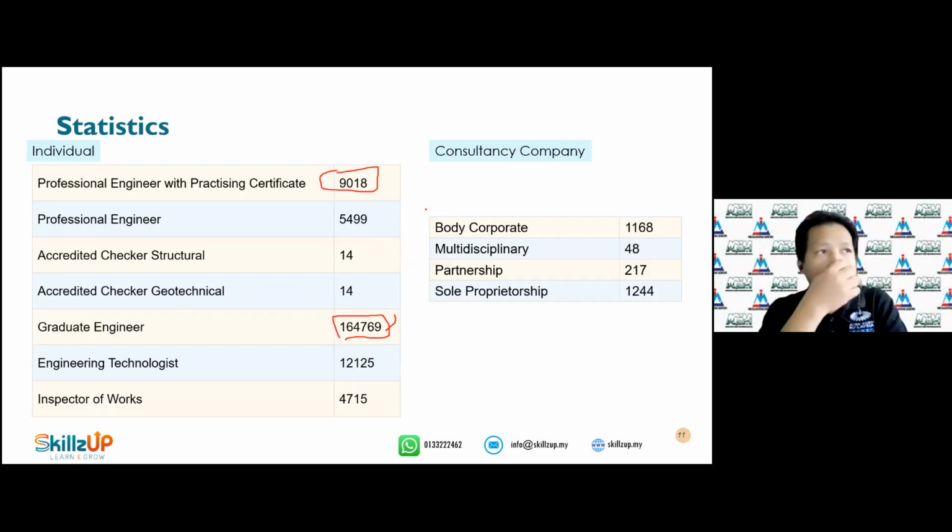So all the consultancy companies that perform engineering work also need to be registered with the Board. At this moment, we have about 1,000 body corporate, about 48 multidisciplinary, about 200 partnership companies, and about 1,200 individual sole proprietorship companies.